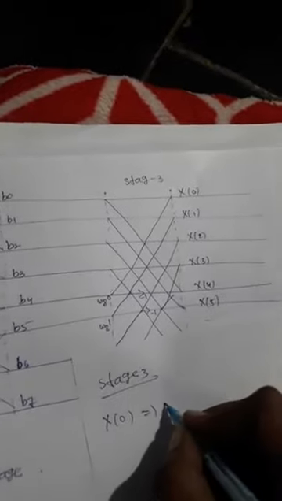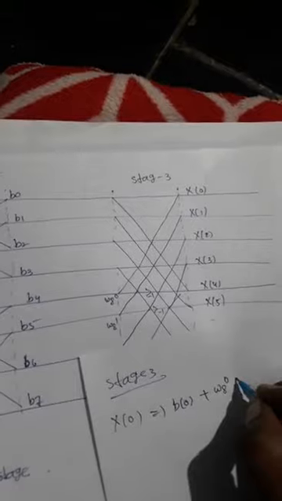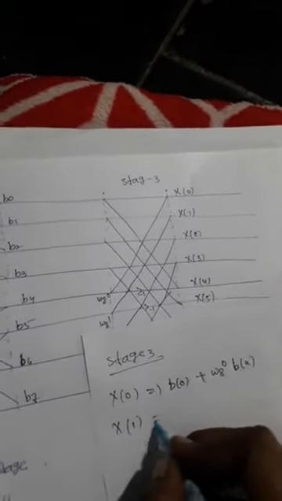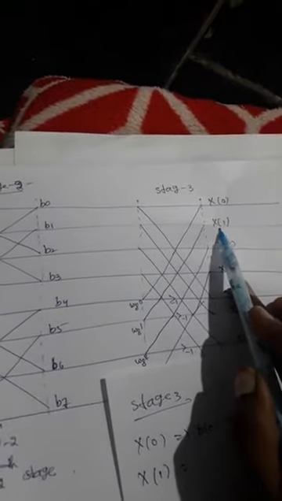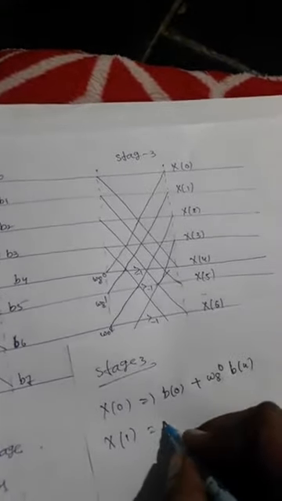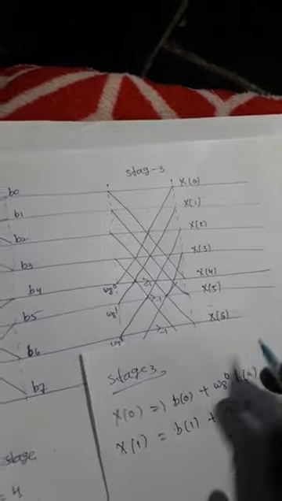So b of 0 plus w 8 to the power of 0, b4. Next x of 1. Similarly, x of 1 is connected to b1 and b5 with the w 8 to the power of 1. b1 plus w 8 to the power of 1, b of 5.